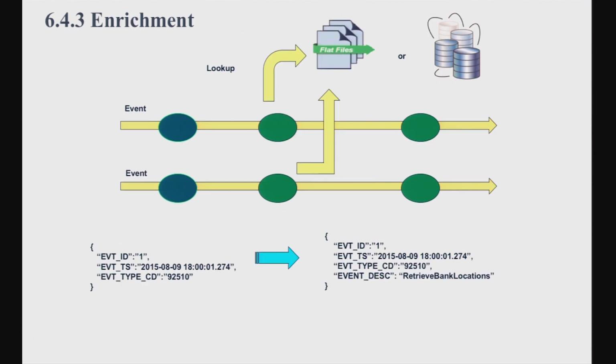Enrichment. So as I mentioned before, we have a source of data where an event has something called event ID, and we want to add event description which is not in the original event. That lookup table has the mapping of the ID to description. So we take the description and add it to the event. So the downstream components like the GUI don't have to go and look it up in another table or another database to figure out what the code means.